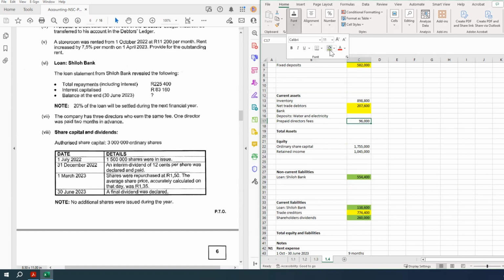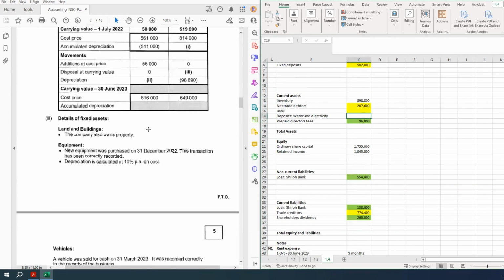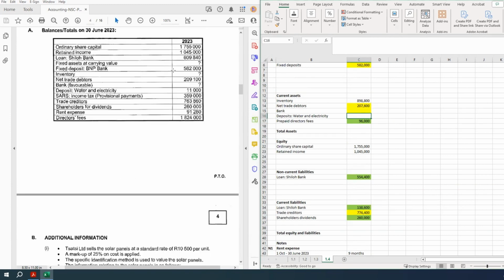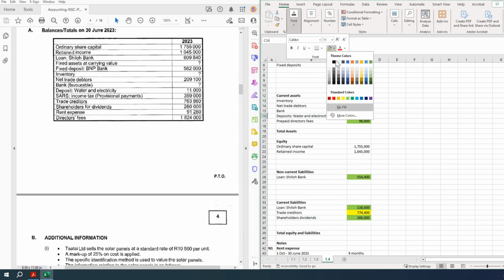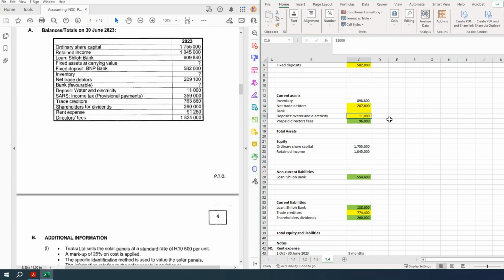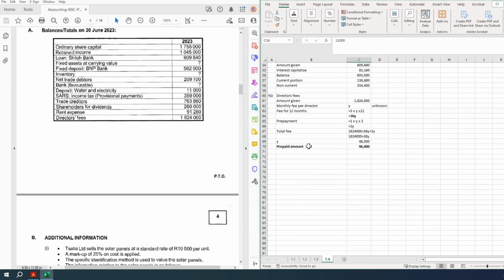And I'm just going to mark this in yellow. I think deposits and water we were given. If I just double check this table, yes, that was the 11,000. Okay, so we can put it in yellow and see if there's anything in addition we need to think about. All right, so let's continue.